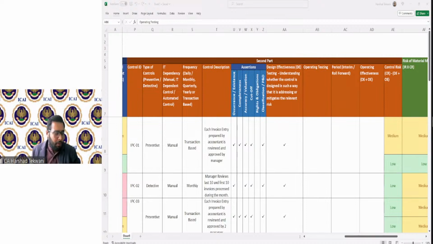Come on, guys. How will you perform the operating effectiveness testing of a control? Come on. How will you perform operating effectiveness testing?